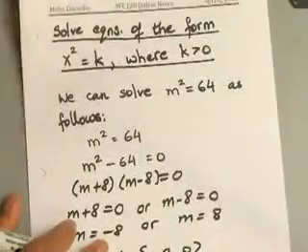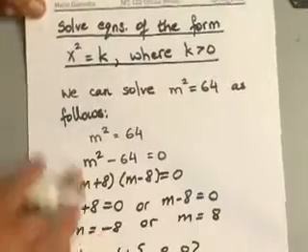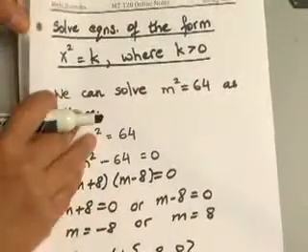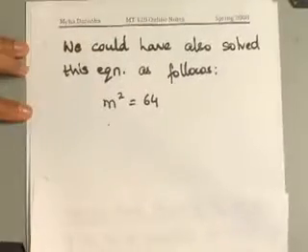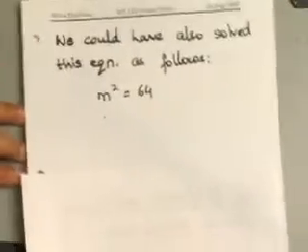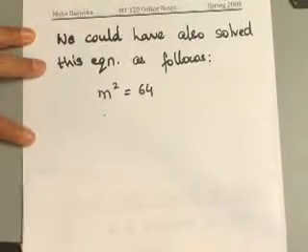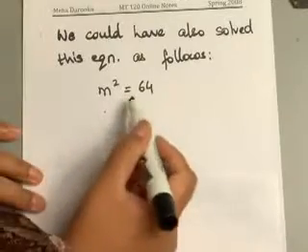Now you could have also solved this same equation, m squared equals 64, using a different approach. Basically we are saying some value squared gives us 64, right?